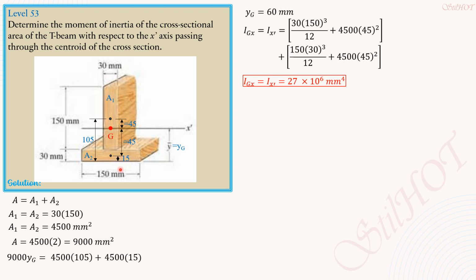Another way is, because Yg has been found, we divide the area into two parts. So let's extend this so that we only need to compute moment of inertia with respect to the base of two rectangles. So this dimension less this dimension is 150 minus 30 for these two with respect to the base.